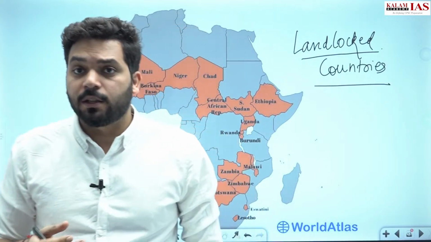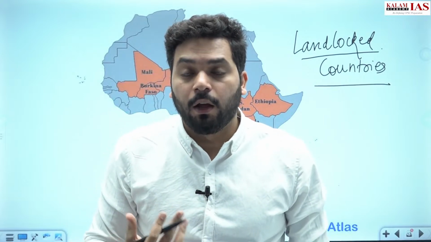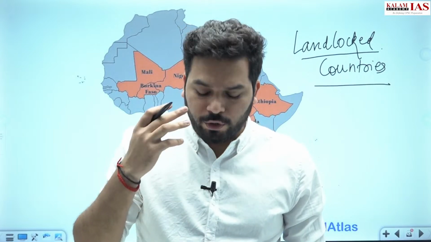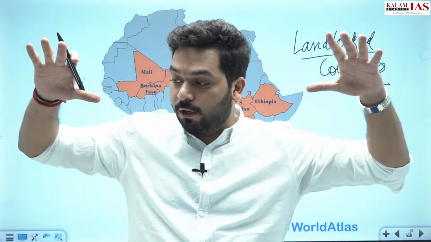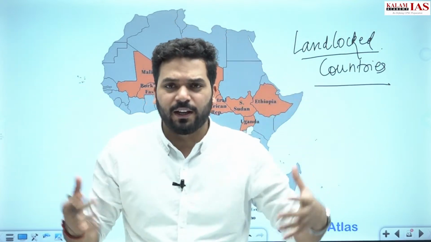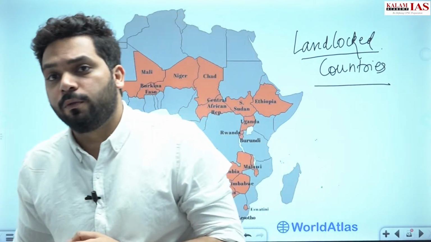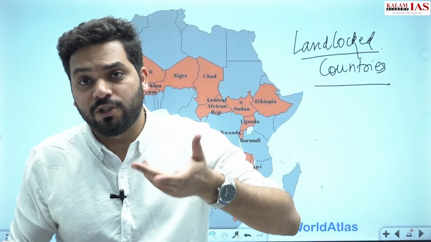There are some confusing countries also, like Niger and Nigeria. This is something you should think about when you look at Africa's map while studying. Democratic Republic of Congo, we feel like it is a landlocked country. We get confused between Niger and Nigeria.